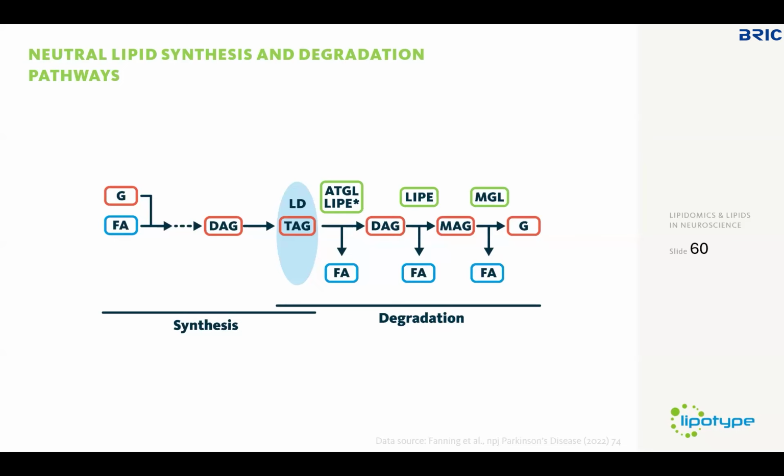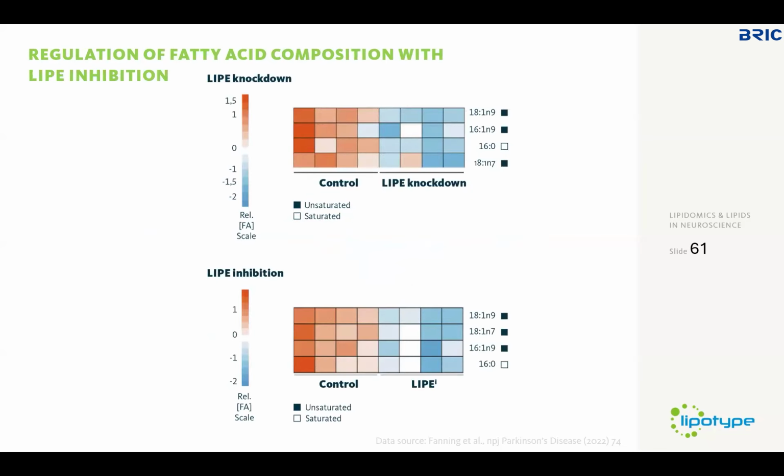They did a knockdown and a pharmacological inhibition in cell culture and in primary cells from patients with Parkinson's, and they checked the fatty acid composition. We see that the LIPE knockdown decreases monounsaturated fatty acids, in both cases, for the knockdown and pharmacological inhibition.